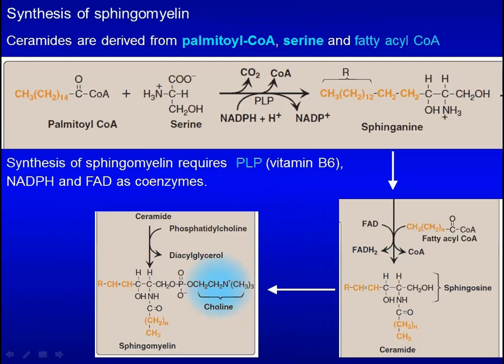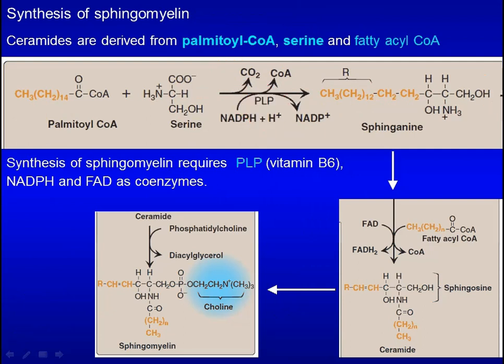To synthesize sphingomyelin, palmitoyl-CoA and serine first condense to give rise to sphingolin, with removal of CoA and a loss of carbon dioxide. This reaction requires pyridoxal phosphate as a coenzyme.